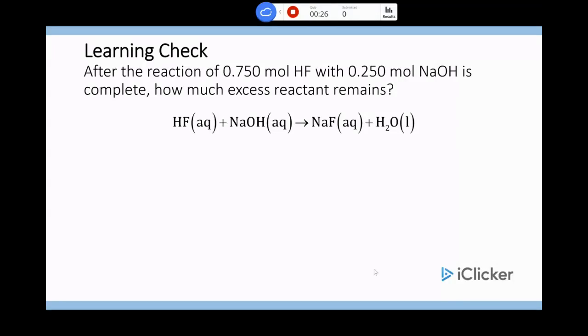And then whatever reactant is in excess, your second question is to determine how much of that reactant is used up so that you can answer how much of that reactant remains. So all three of those are different iClicker questions. So yeah, let's get started. Let me know if you've got questions about limiting reactants or any of these calculations.